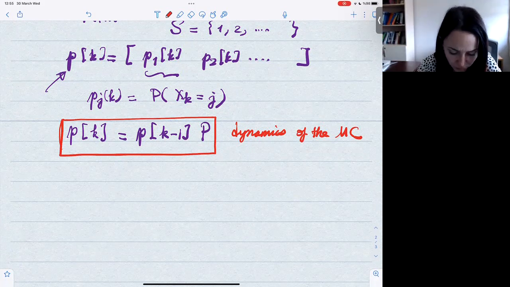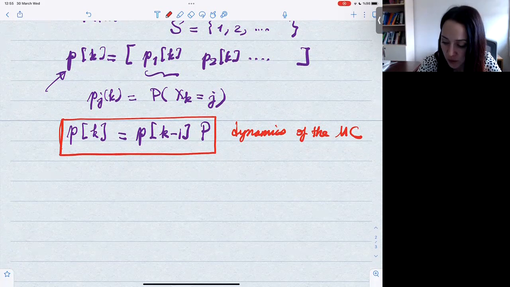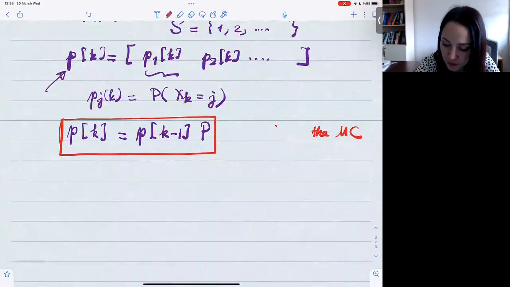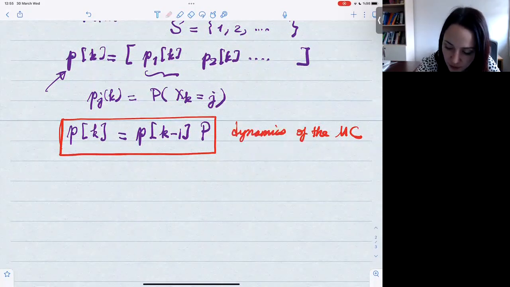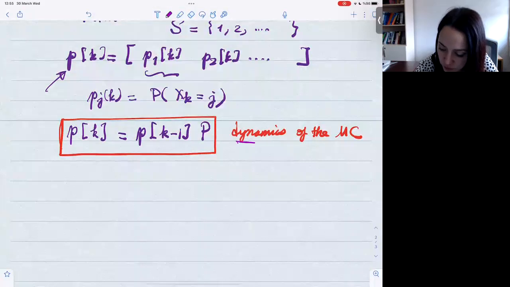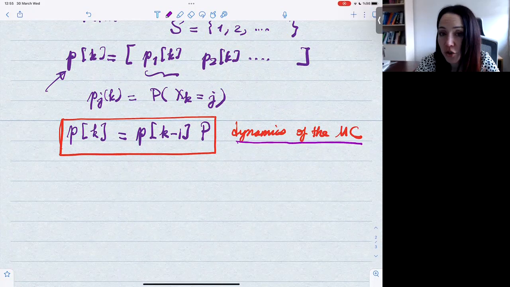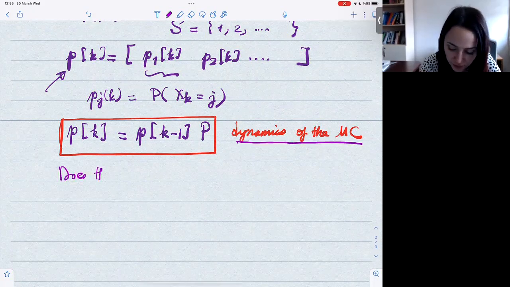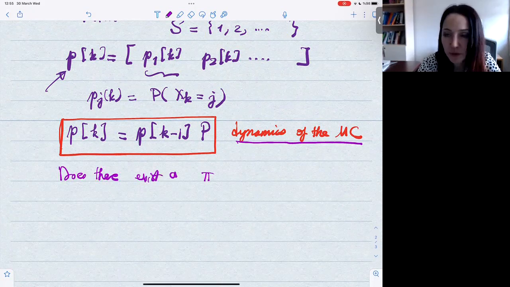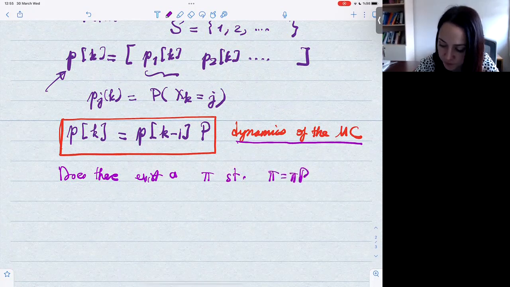Now, question: as this dynamic evolves, is there a stationary point, such that there exists a vector pi such that pi equals pi P?